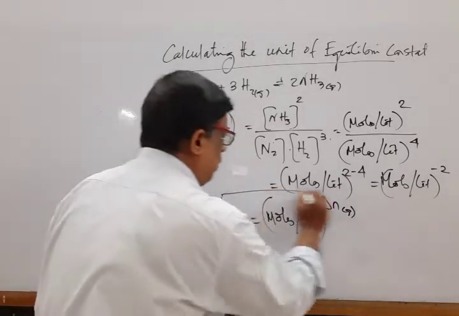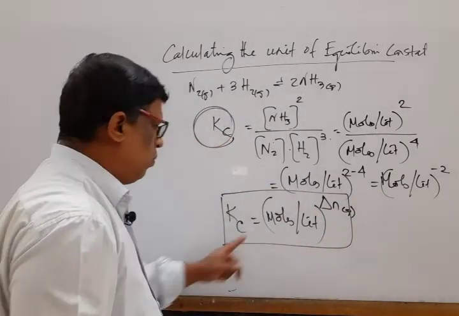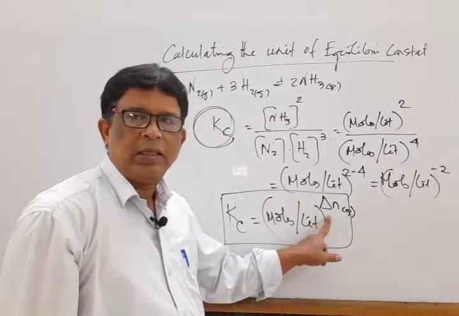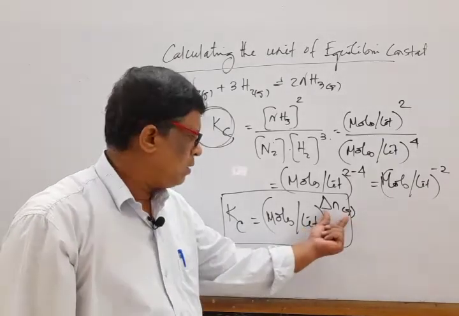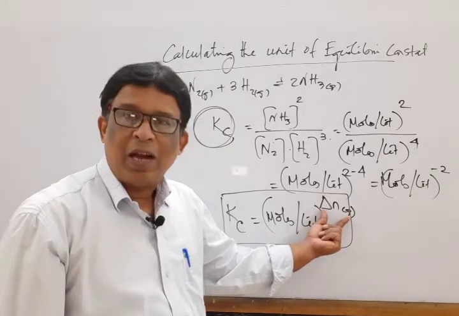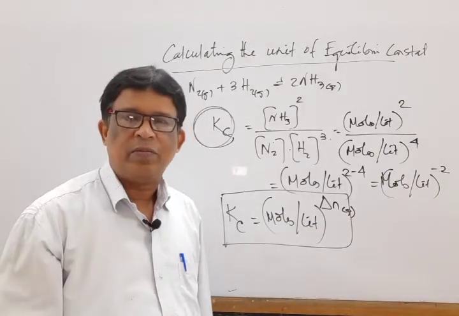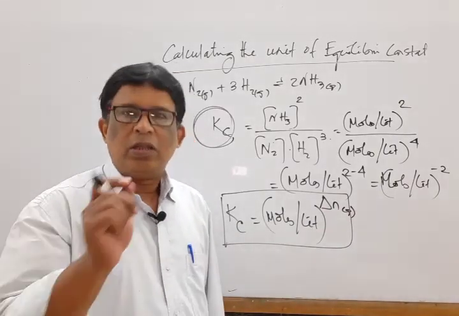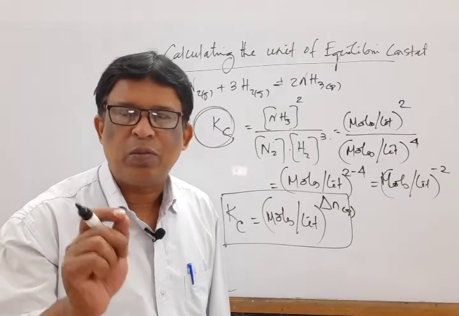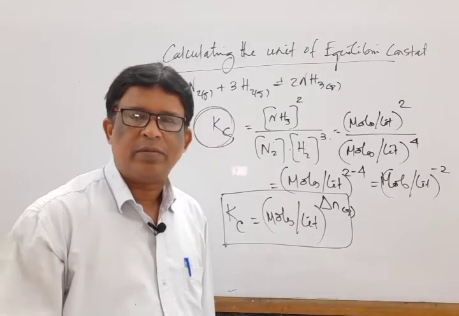What do you know del Ng? That is the total number of gaseous moles of the product species minus the total number of gaseous moles of reactant species.